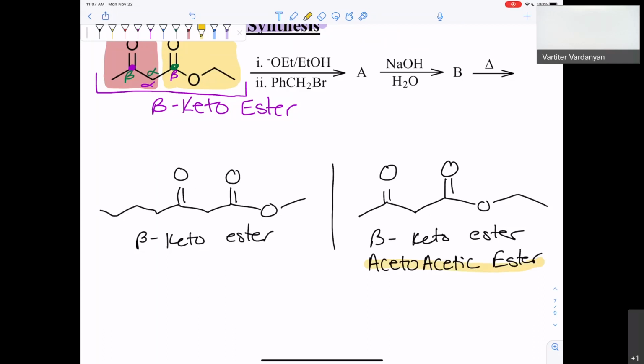So good question. So this part is an acetyl or an acetone, I should say. And then this part is an acetic ester.